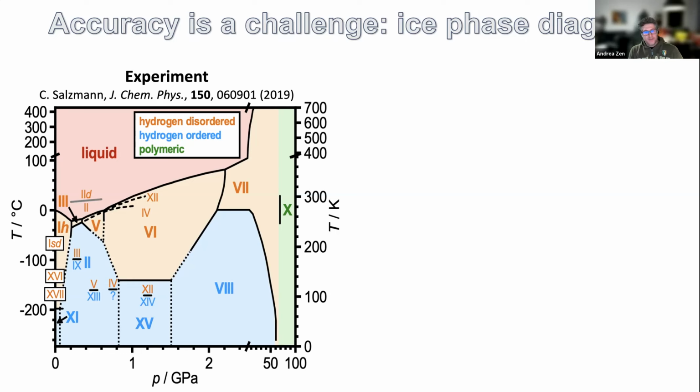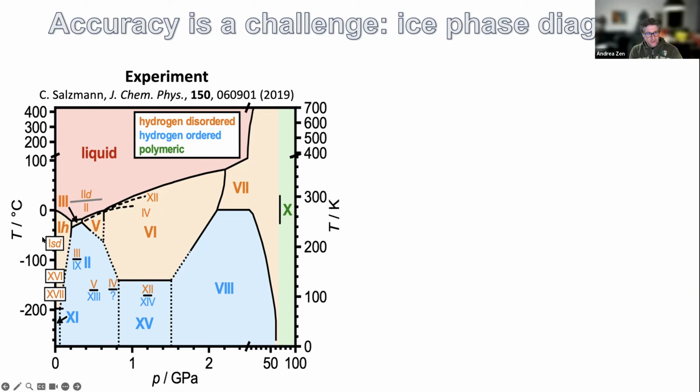From the experiments, we know that the phase diagram is the one that you see here on the left, where there is a liquid phase, and then for low temperature, there are a lot of different polymorphs. So water is rearranged with different orientations.